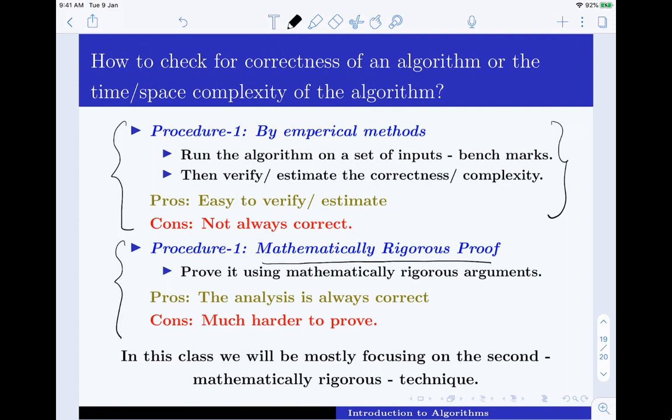Even this recent set of plane crashes that happened was because of one such software. So they can be a very costly affair also. On the other extreme, we have this mathematically correct proof, which is a kind of gold standard, but very hard to get.